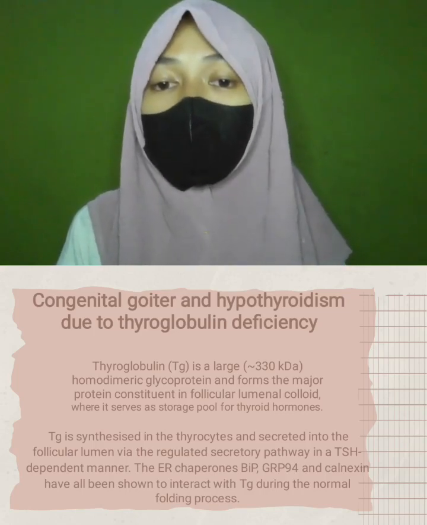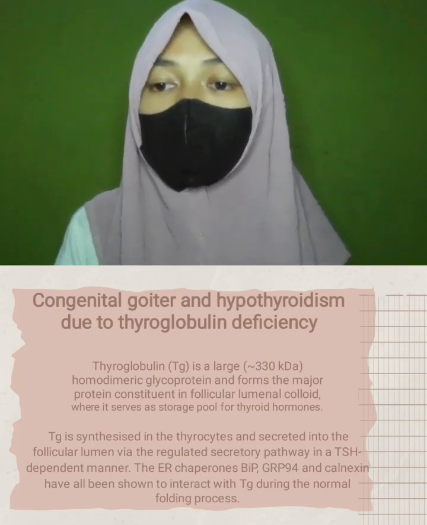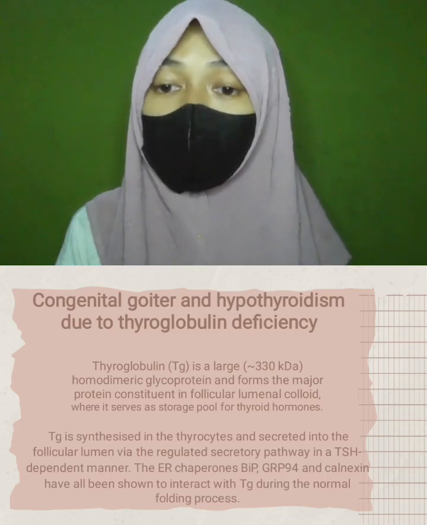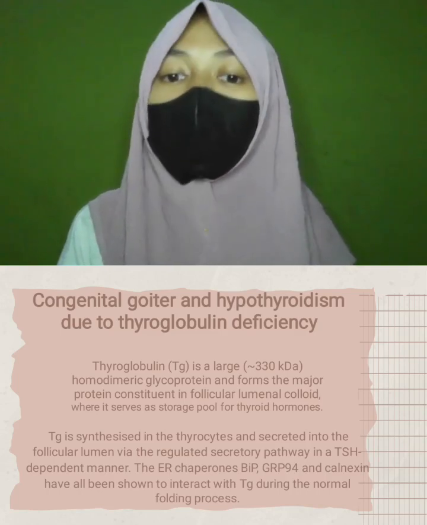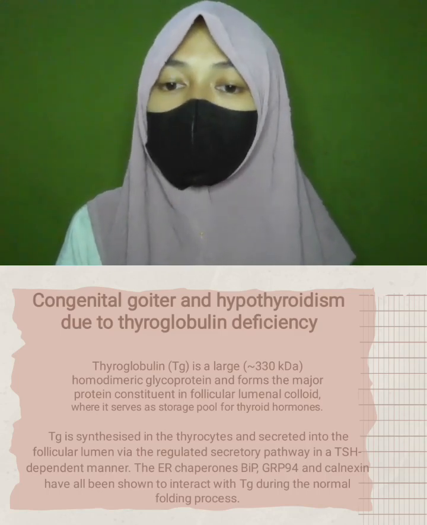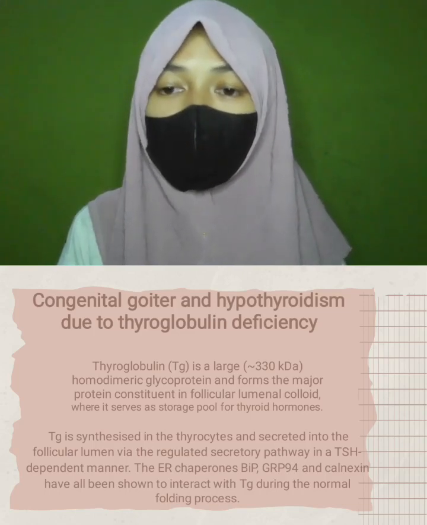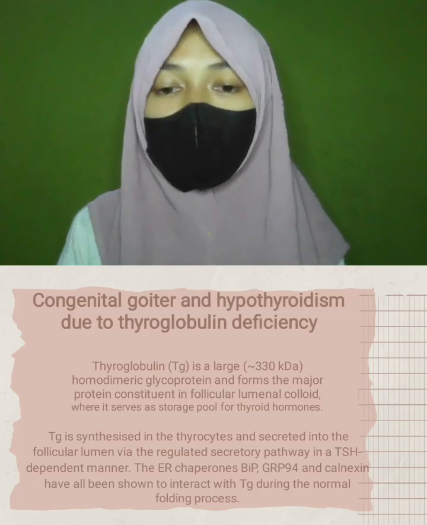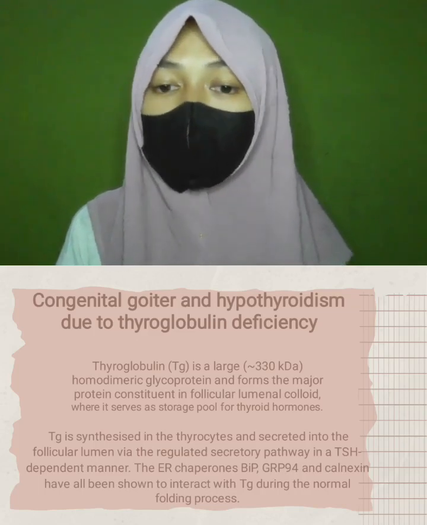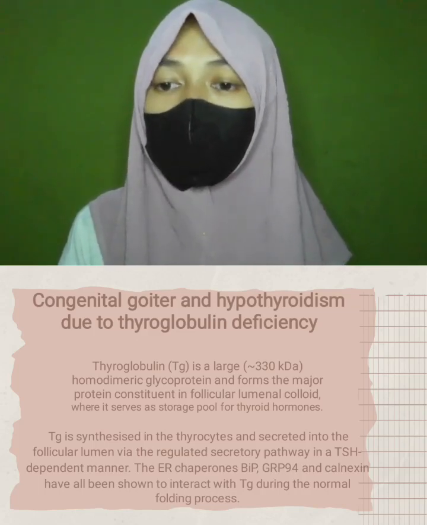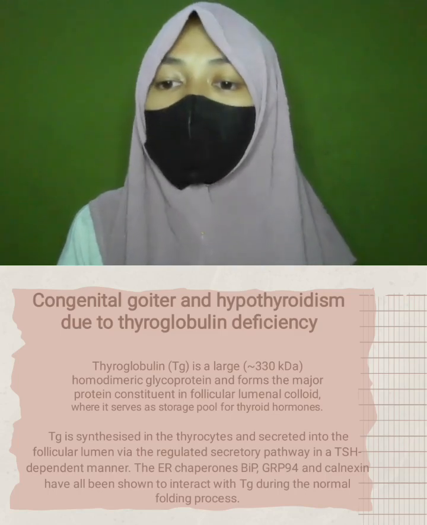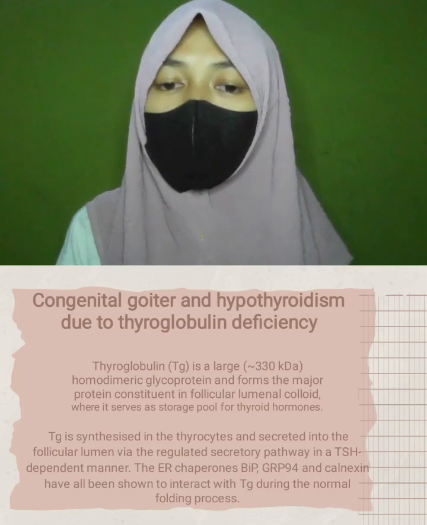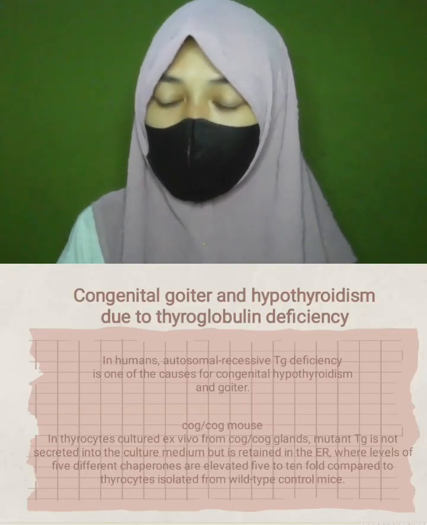Subsequently, thyroglobulin is hydrolyzed in phagolysosomes and thyroid hormone molecules are released into the bloodstream. TG is synthesized in the thyrocytes and secreted into the follicular lumen via the regulated secretory pathway in a TSH-dependent manner.